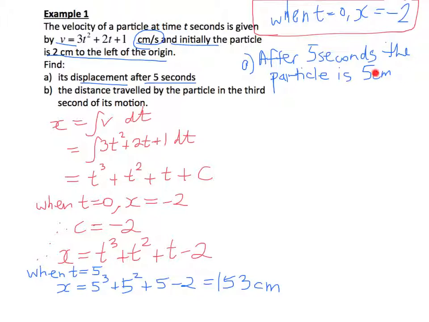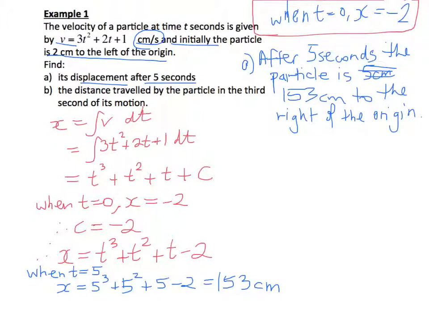Where did I get 5 from? That's not letting me erase that, so I'm going to have to just put some lines through. 153 centimetres to the right of the origin, because there's positive displacement. Positive 153 means to the right.